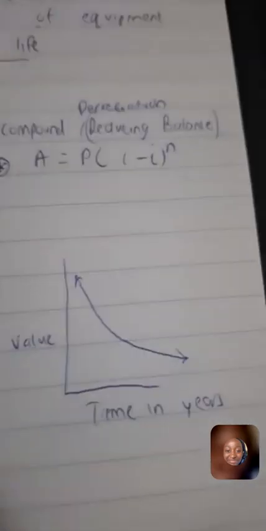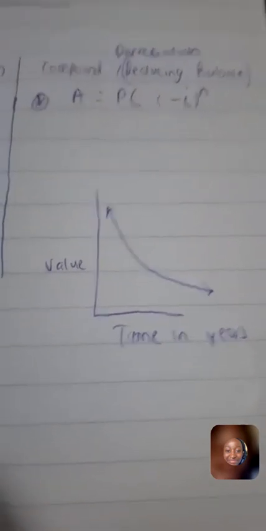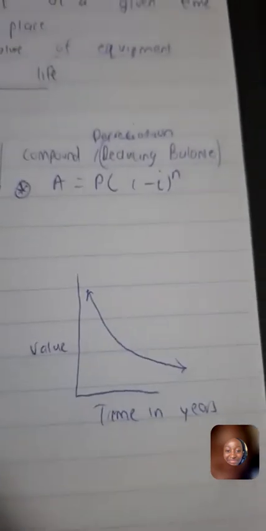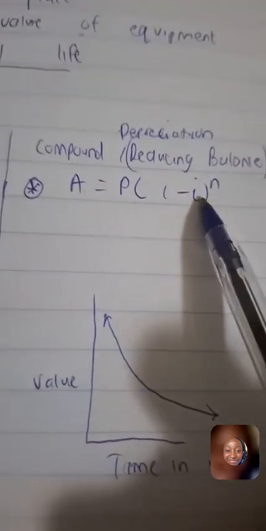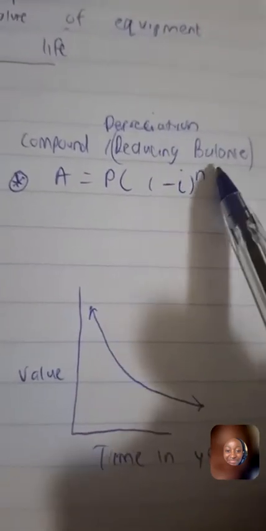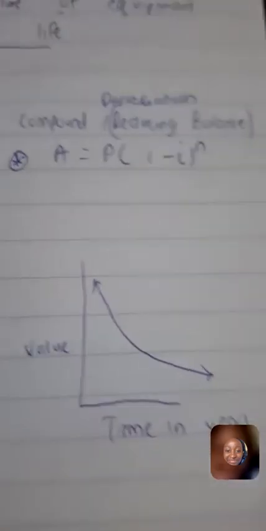It's not a straight line like the linear depreciation; rather it is a decreasing curve. Now, the A still stands for the same thing, the book or the scrap value. P is the present value. I is the depreciation rate. And N is the time period in years.